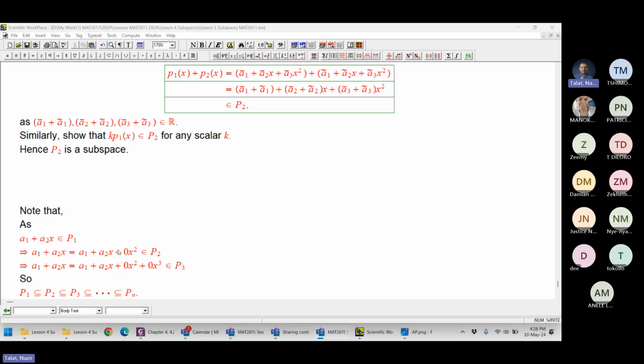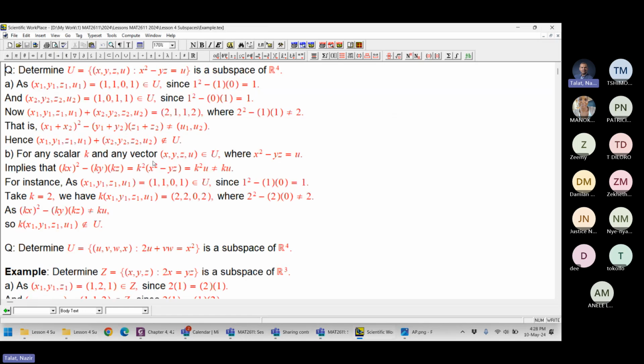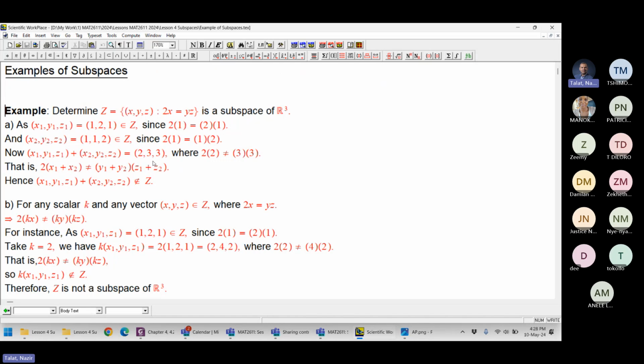Okay, then let us see also some other examples regarding that. For instance, if we take Z as the set of (x, y, z) with 2x equal to yz, is it a subspace of R cube or not, because it contains triplet elements.